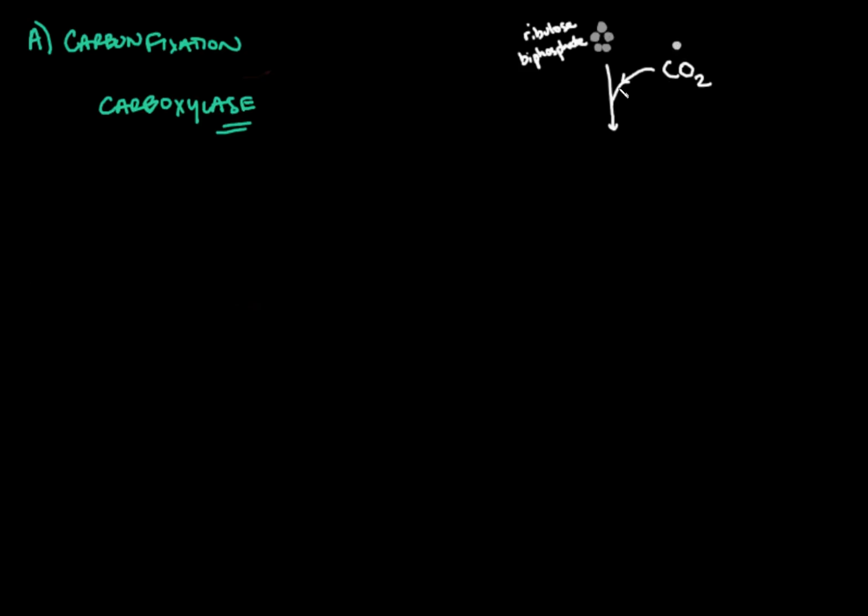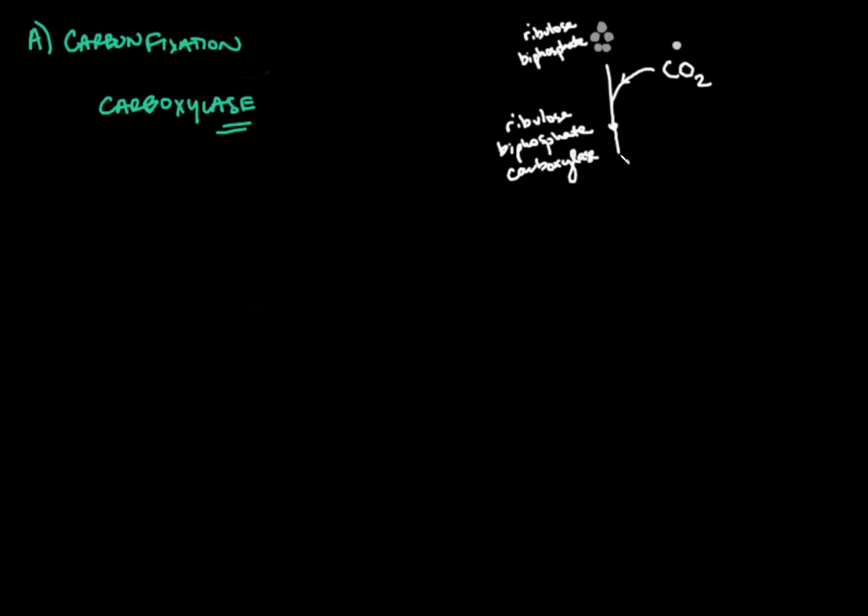It's a 1 carbon molecule, and those are going to get combined by this carboxylase, and that carboxylase has a pretty cool name. It goes by ribulose bisphosphate carboxylase. So it tells you what it works on and how it's working on that. Ribulose bisphosphate carboxylase.